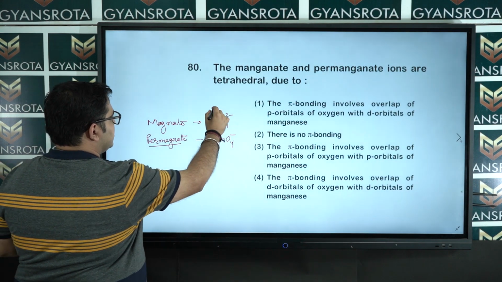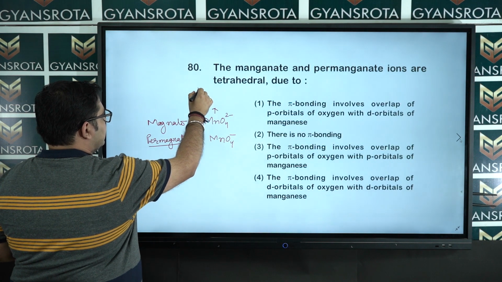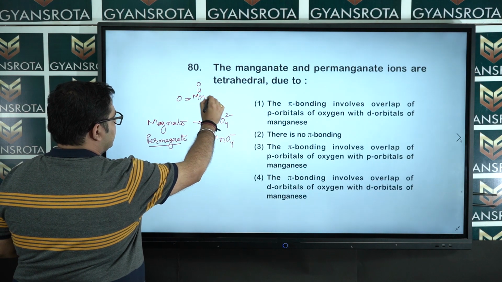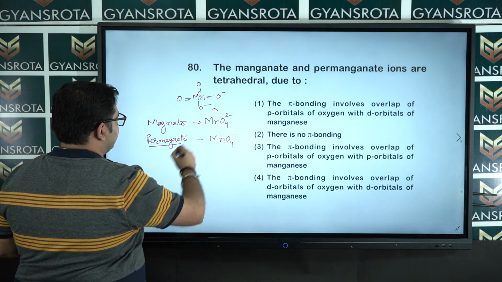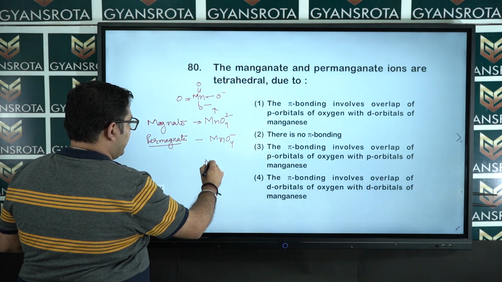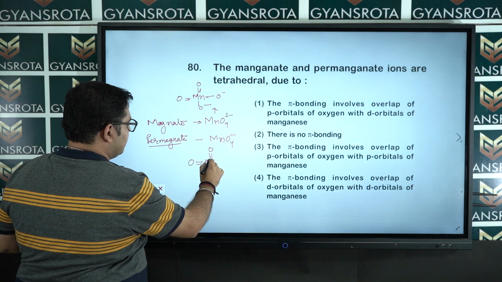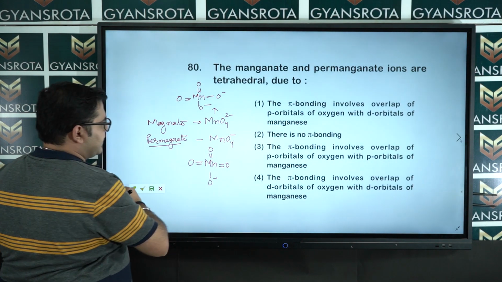The structure of MnO4 2 minus is Mn double bond O, double bond O, O minus, and permanganate is Mn double bond O, double bond O, double bond O, O minus.